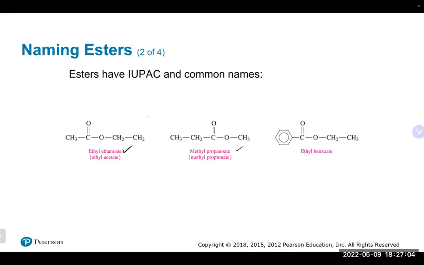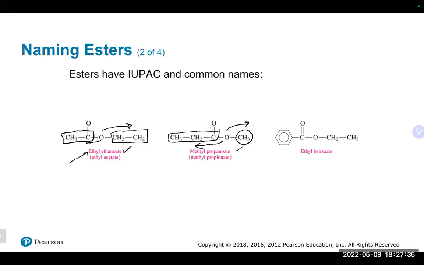If we look at these here, once again, going away from the double bond is our alcohol part, which is an ethyl. Going towards it is our main part of the name, which is also 2 carbons. So that is ethyl ethanoate. Here is the one we just did. We got our methyl going away from the double bond. Going towards the double bond gives us 3 carbons, which gives us methyl propanoate.